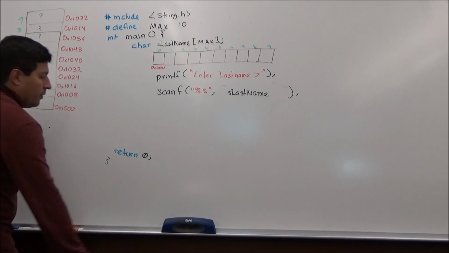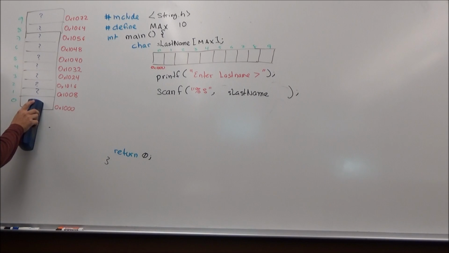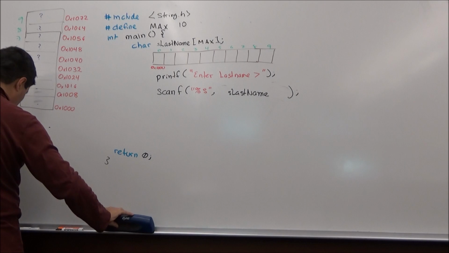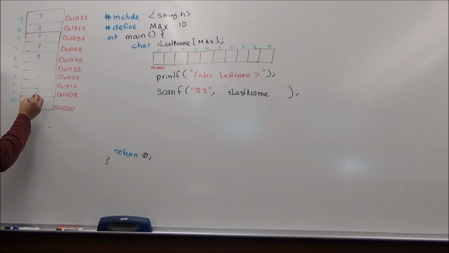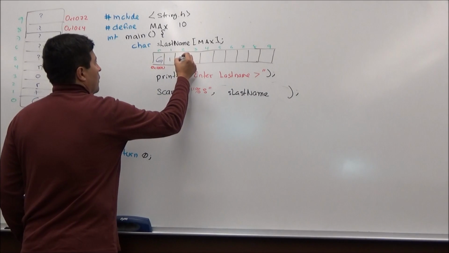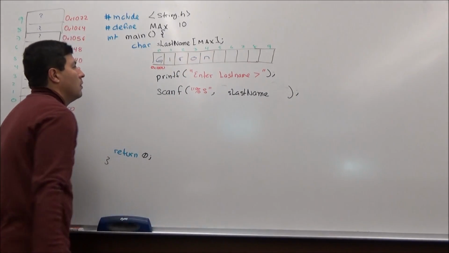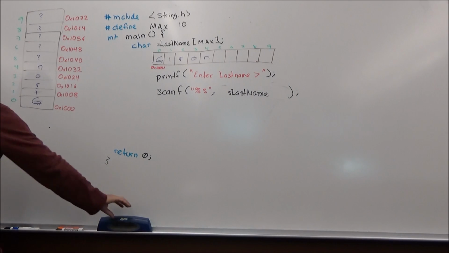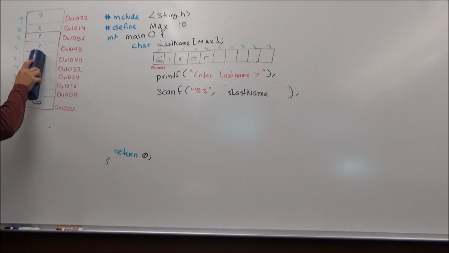Let's say I put my last name. Last name is Tiron. Right, so it'll be like this. But we don't know what is in here. There might be other characters, whatever the value was in the previous use of that memory address.